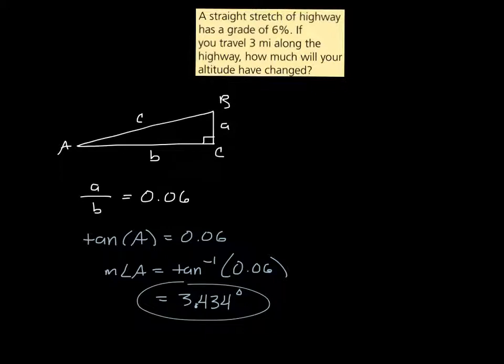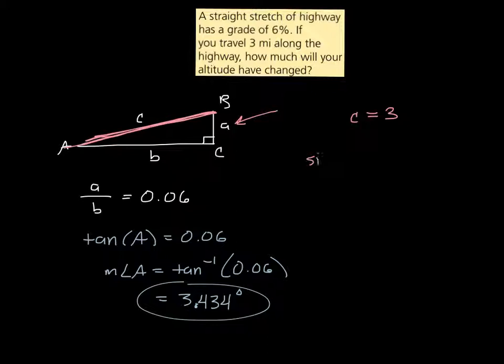They say if you travel 3 miles along the highway, how much will your altitude have changed? Which side of the triangle is the highway? C. We know that C is 3, and in that case, if C is 3, what is A? That's what they're asking.